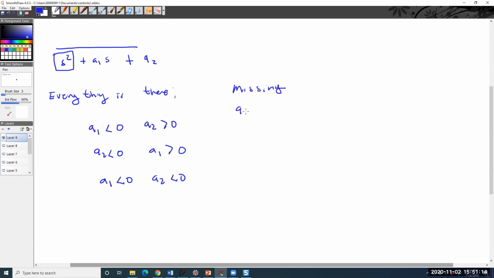If A1 and A2 are missing, that's just a double integrator. If A1 is missing, A2 could be greater than 0, A1 can be greater than 0.